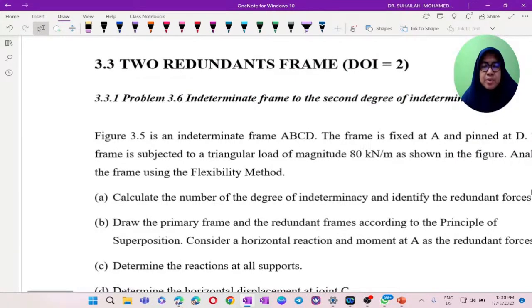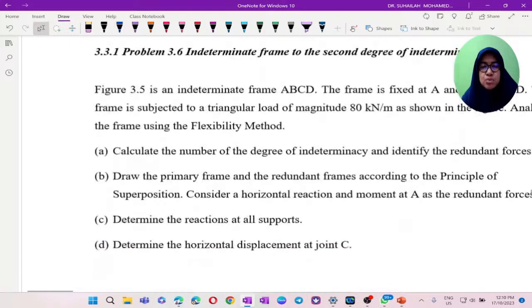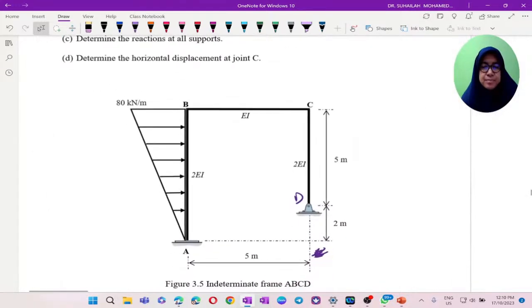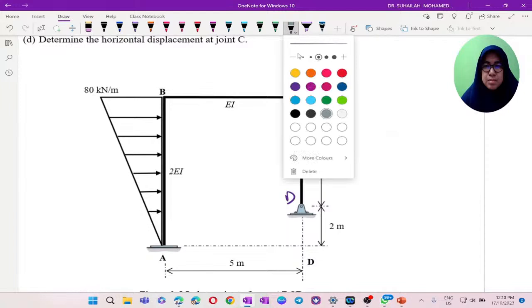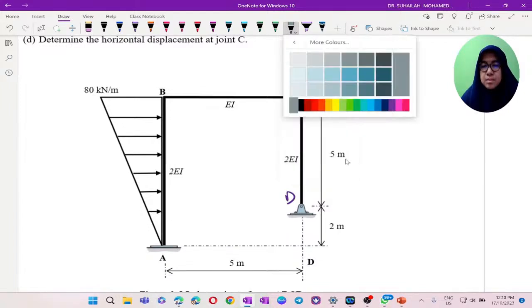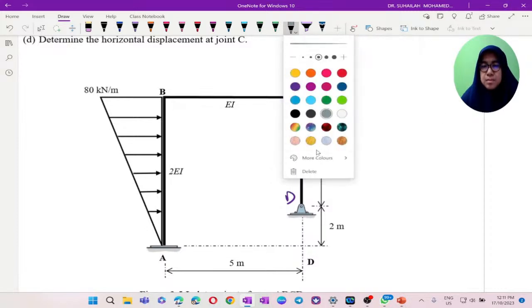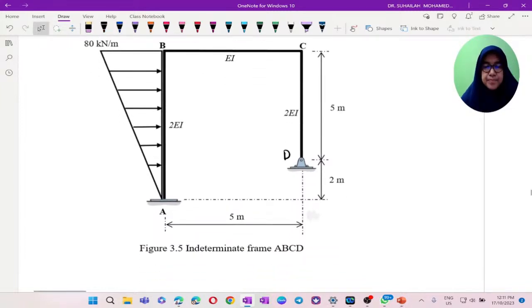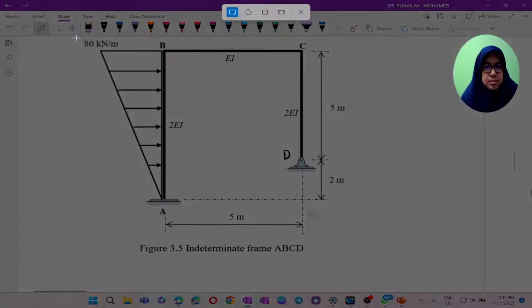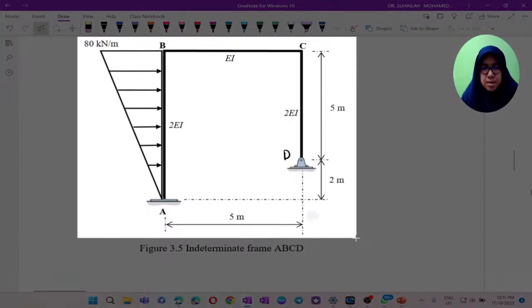Second degree of indeterminacy is two redundant. So this is the diagram.